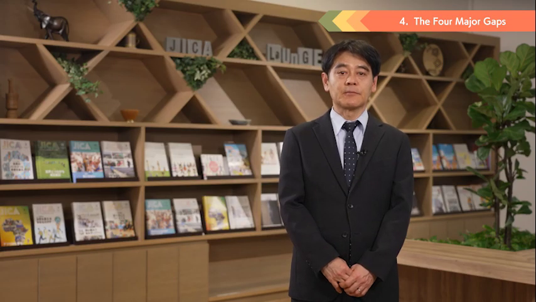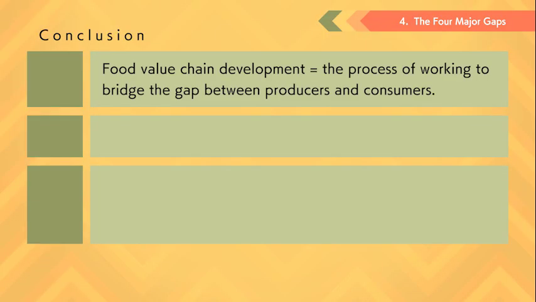Let's summarize what we've learned so far. First, food value chain development is about working to bridge the gap between producers and consumers. It is important to remember that this gap changes greatly with the times.